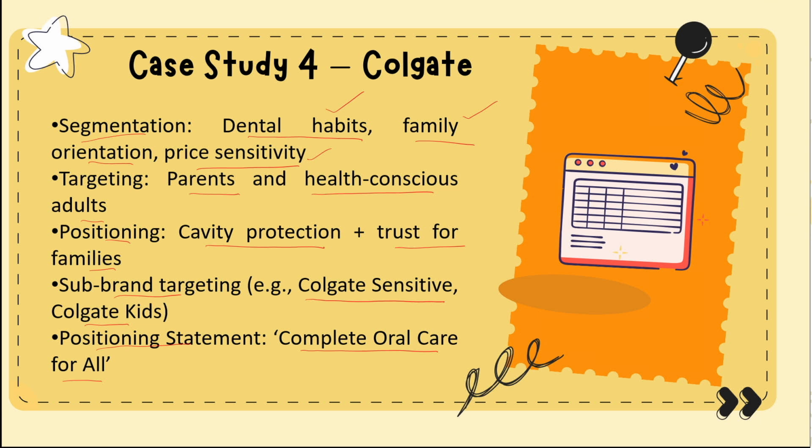Whatever the requirement, everyone wants good oral care, whether it's gum care, cavity protection, a solution to sensitivity, or creating a habit of oral care with lots of fun associated with the product. Colgate tries to deliver all with their range of products, and that is why their positioning statement is complete oral care for all. Very successful, and they are able to cater to and rule the market.